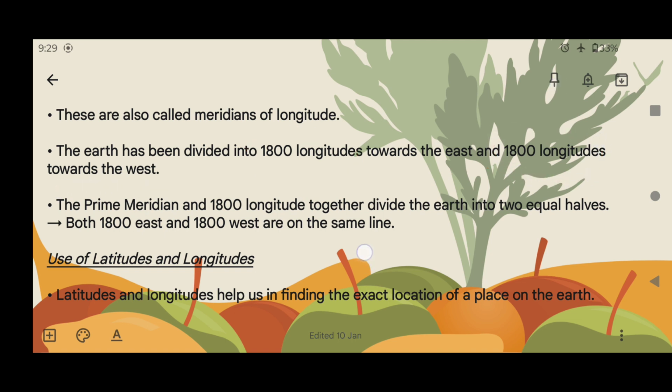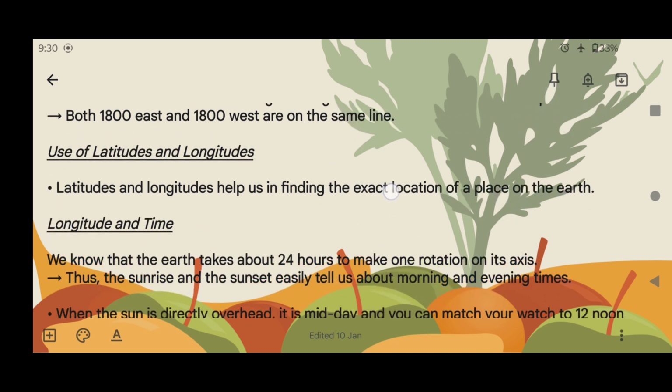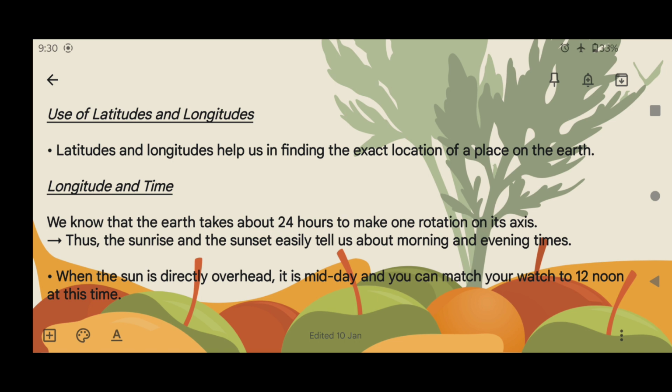The prime meridian and the 180 degree longitude together divide the earth into two equal halves. Both 180 east and 180 west are on the same line. Use of latitudes and longitudes. Latitudes and longitudes help us in finding the exact location of a place on the earth.